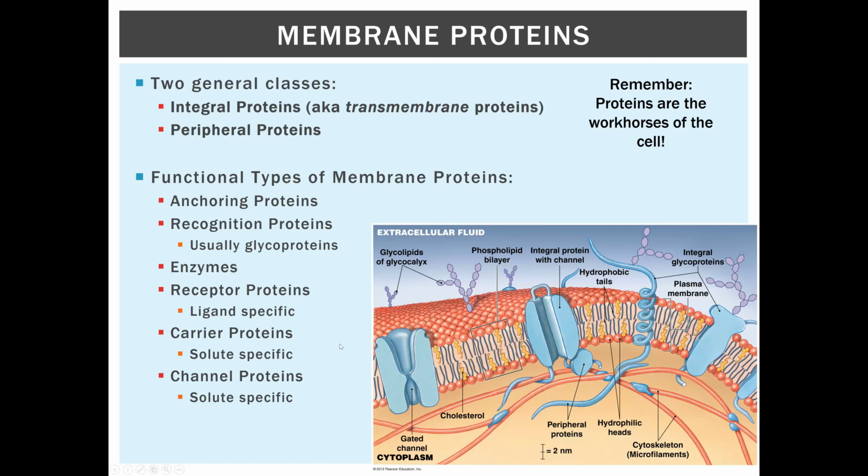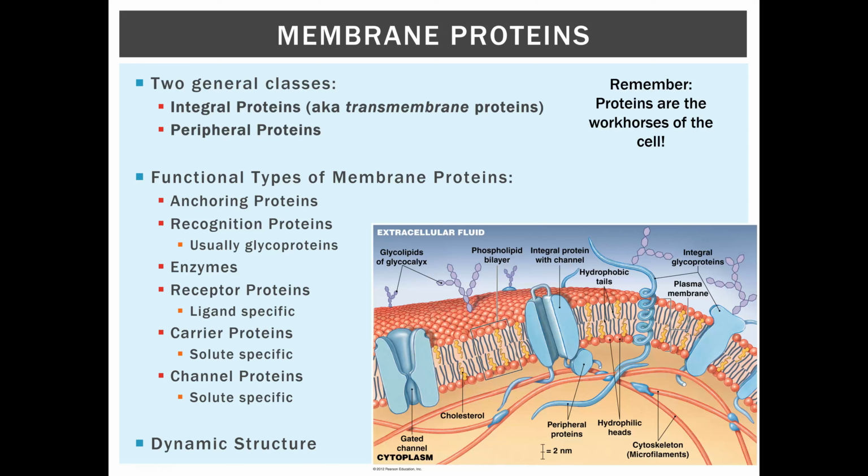There are also channel proteins, and we're going to talk a lot about these when we get to the muscular and nervous systems. Channel proteins are also solute specific. So for example, a sodium channel will only allow sodium to pass through it. And channels can also be gated, and we'll talk a lot about those later too. That means they can open and close based on different circumstances.